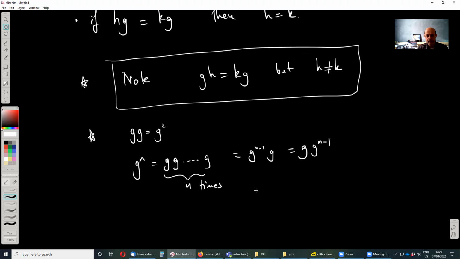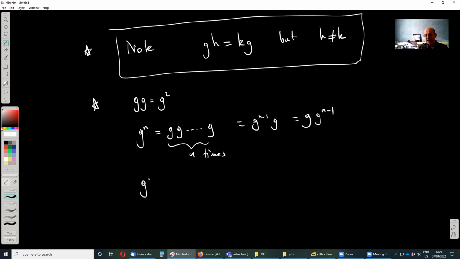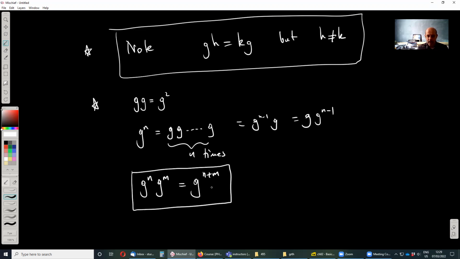Okay. So naturally, the product of the nth power with the mth power gives you the power of the sum of these two powers, obviously. Now, we would like to extend this. This is true for positive integers n and m. But we would like to extend this to negative integers and 0, right?